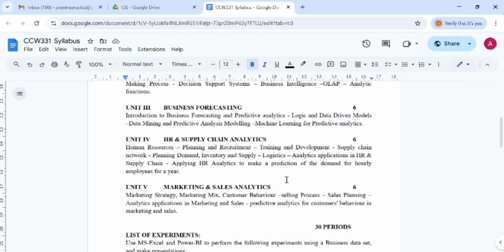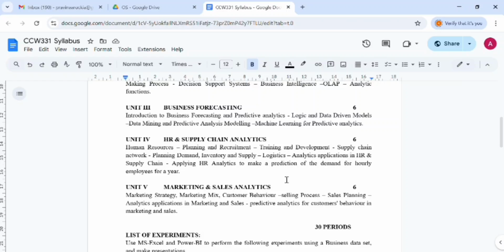This unit focuses on practical analytics in human resources and supply chain management, and it covers areas like how to plan for recruitment, how we can provide training for human resources, after training where we can deploy them, and how we can make them work efficiently. Apart from that, we are going to find out the demand and work on inventory planning, logistics optimization, and real-world operational efficiency, how to use all these resources efficiently in the real world.